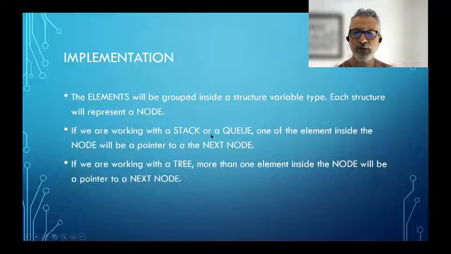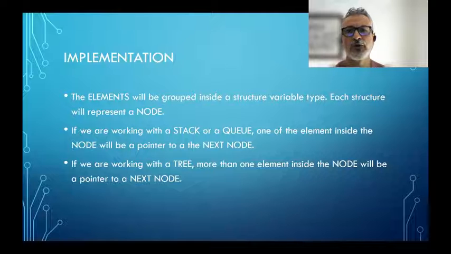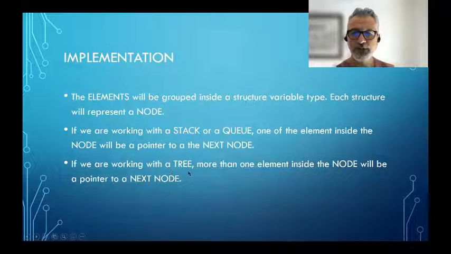If we are working with a stack or a queue, one of the elements inside the node will be a pointer to the next node, and this pointer is going to be a pointer to a structure node type. Okay, we want to point to another node, and this node is a structure type. So the pointer has to be a pointer to a structure node type. If we're working with a tree, more than one element inside the node will be a pointer to a next node.